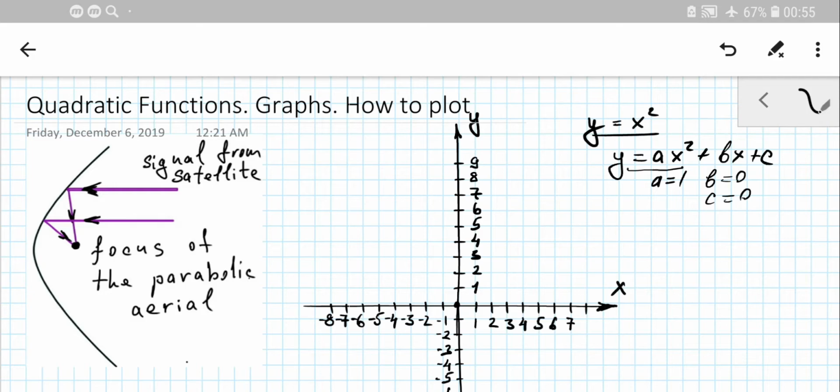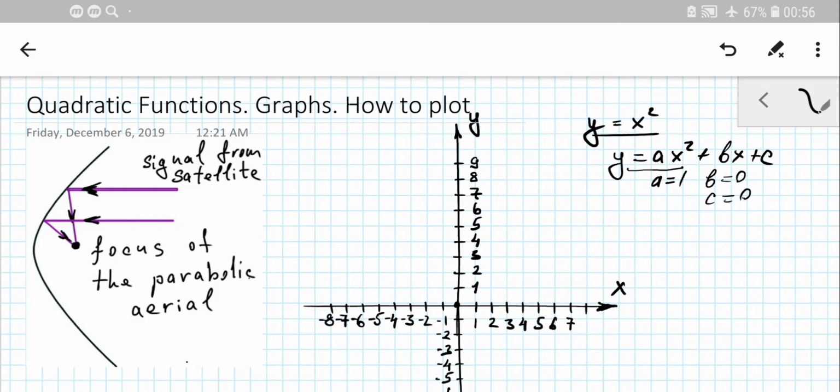The primary goal is to make the parabolic surface of the antenna concentrate the signal and receive it more efficiently, because sometimes the signal from satellites is bad.